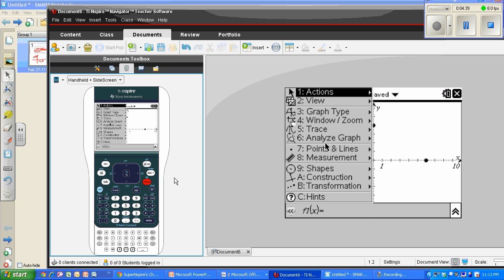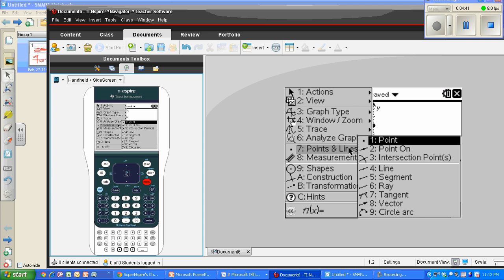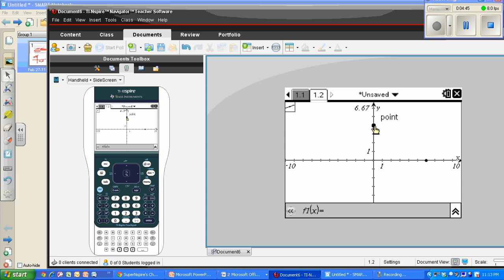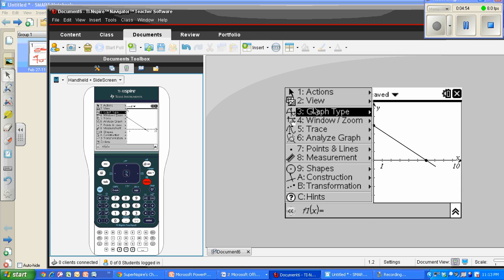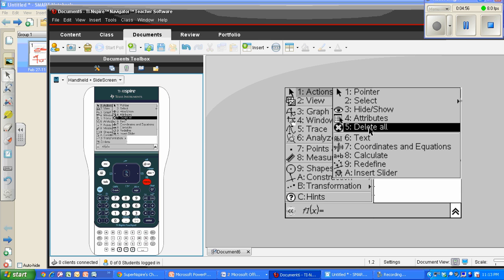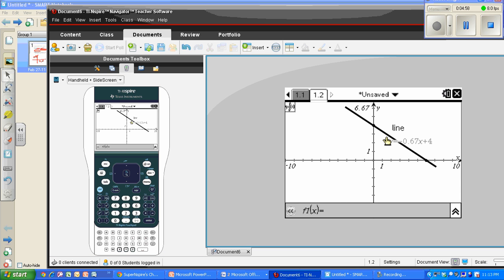Then I go to menu again, then points and lines, I get the line through it, and I touch those points, and you have seen in my previous video that I do that. Then we will find the equation of the line. So you go to menu, actions, coordinates, and you hit enter twice on your handheld, and that's your equation of the line.